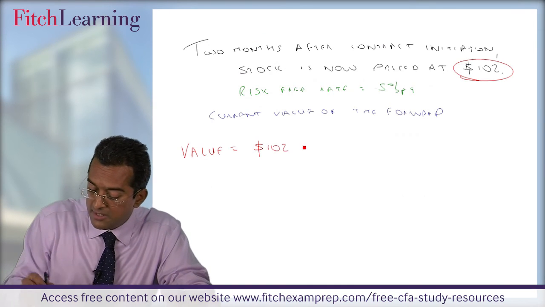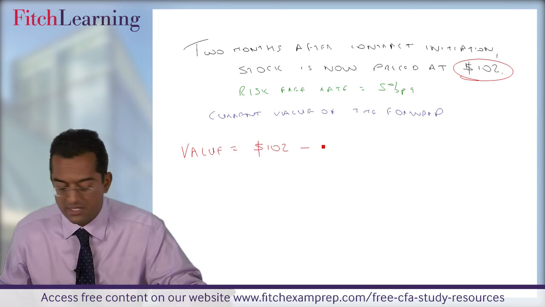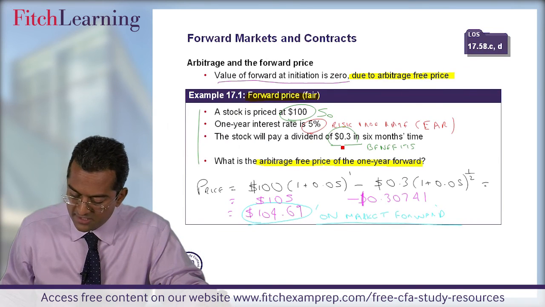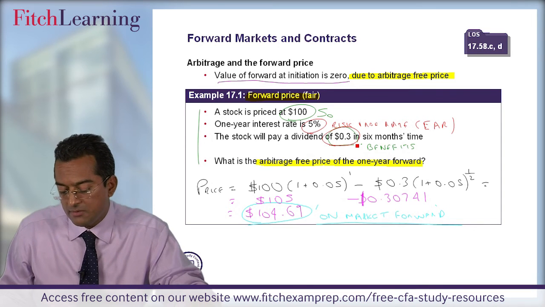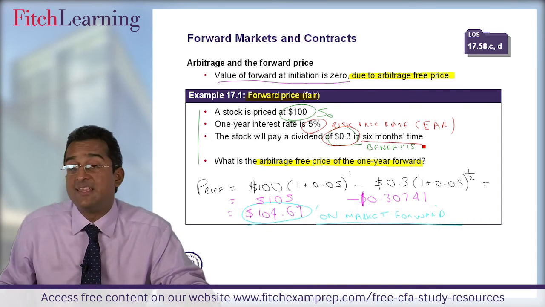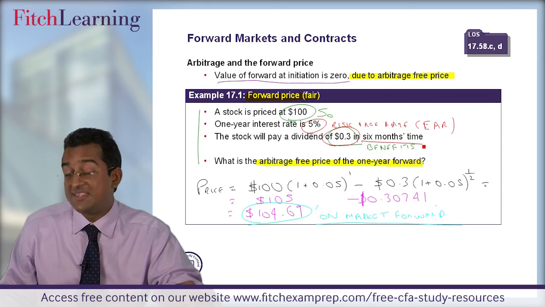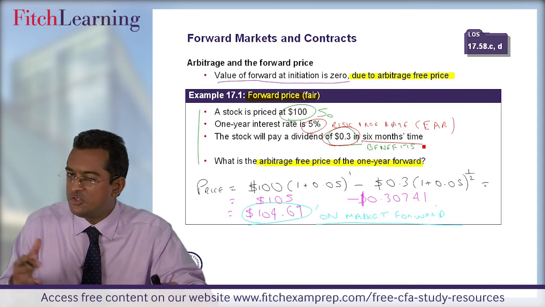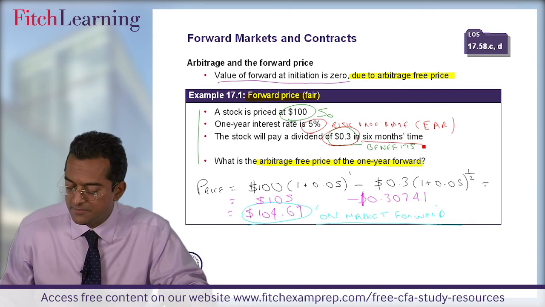There's only one payment, the 30 cents in 6 months' time, which was at the initiation of the contract. You're now 2 months in, so how much time is there still to wait for that payment? 6 months has now reduced to 4 months.